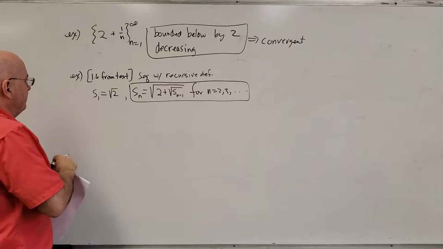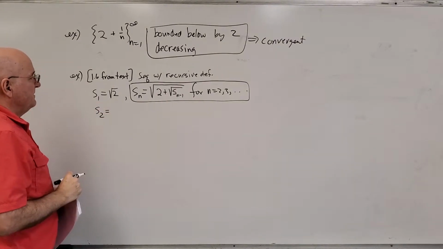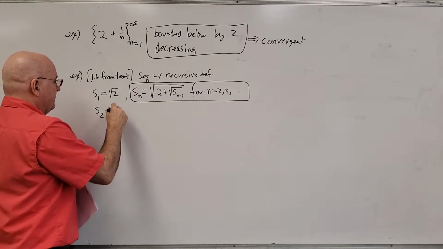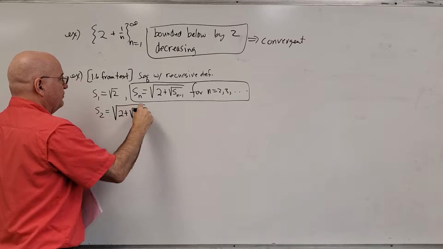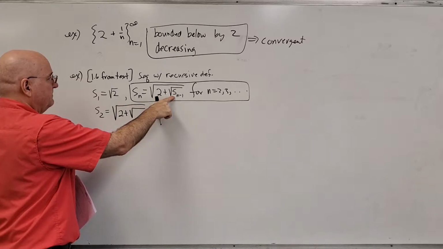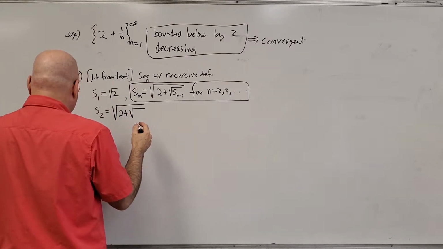So let's write out maybe one or two more. The second term is going to be the square root of 2 plus the square root of S1. S1 is the square root of 2.